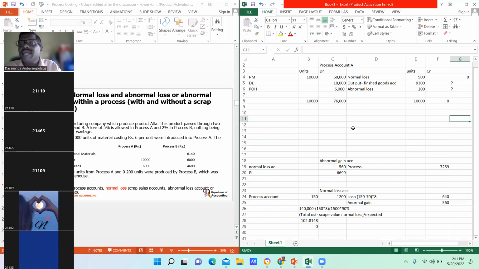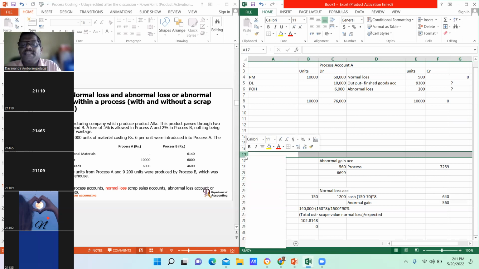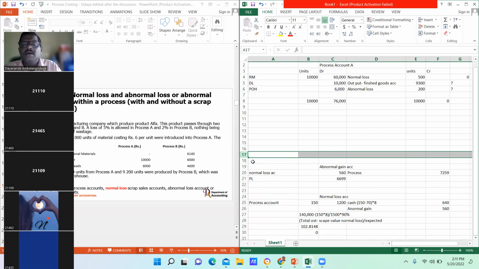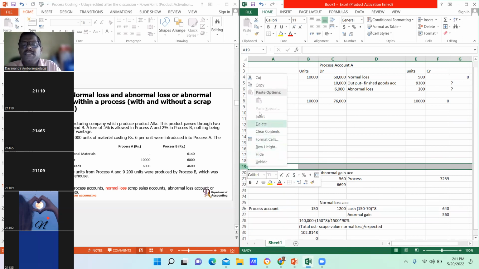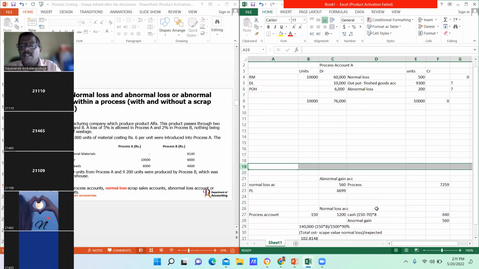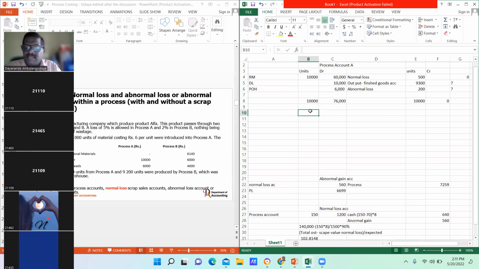And we apply the data to the basic formula. Can you tell me the formula? The formula would be the cost incurred, that is 76,000, divided by expected units.